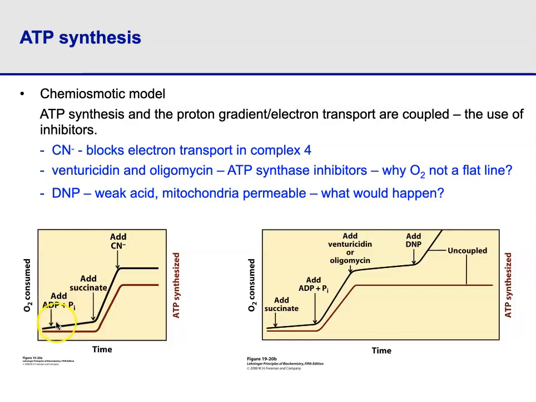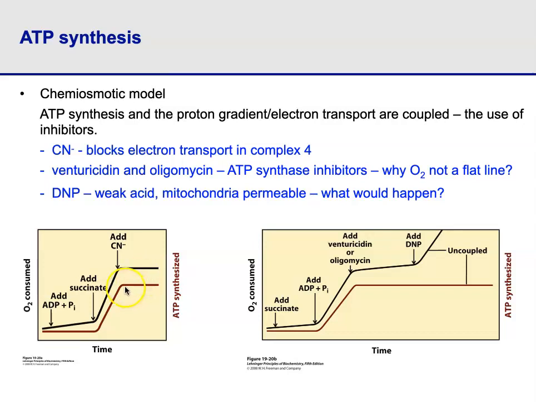Okay, so we've added ATP substrates, we added substrate for electron transport, everything is working, but at some point we will stop the electron transfer from cytochrome c to complex 4 by using cyanide. Cyanide will block the electron transport. Naturally, oxygen consumption will stop because there's no more electron flow to oxygen.